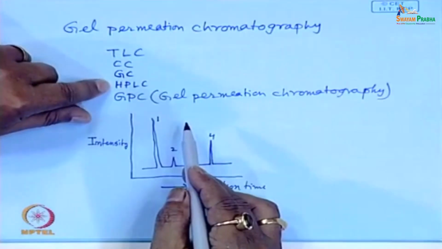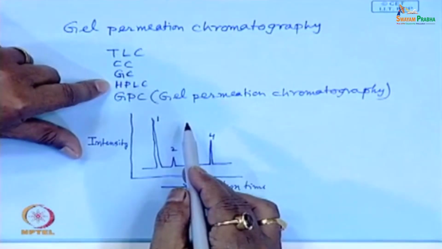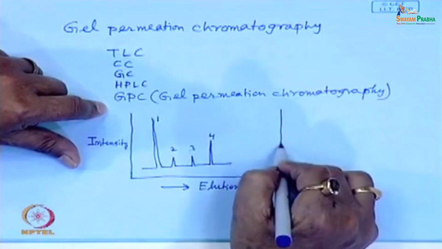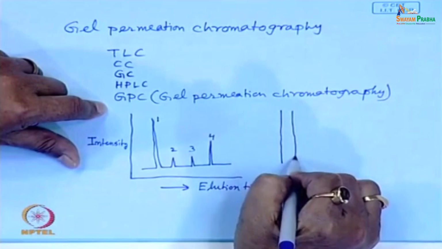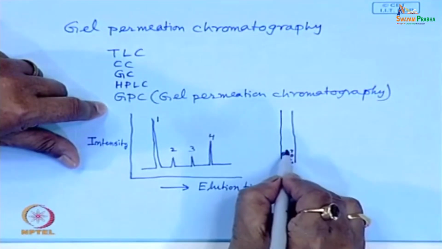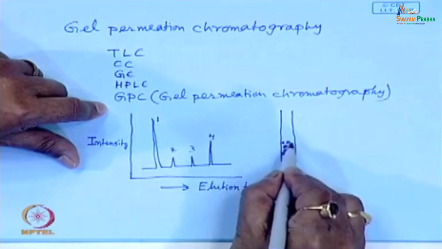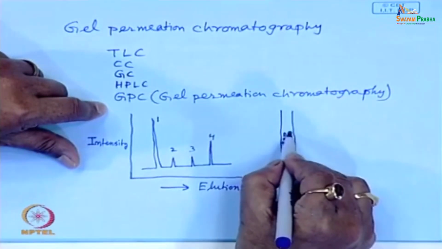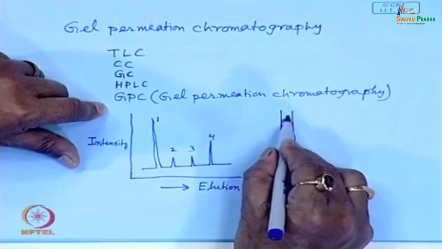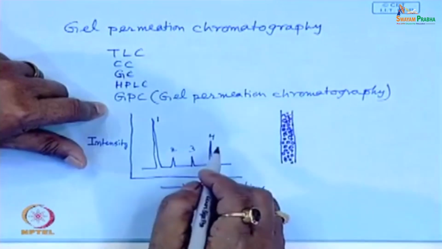Basically, there is no difference in principle between GPC and HPLC, only the column packing material. GPC contains packing with spherical beads.